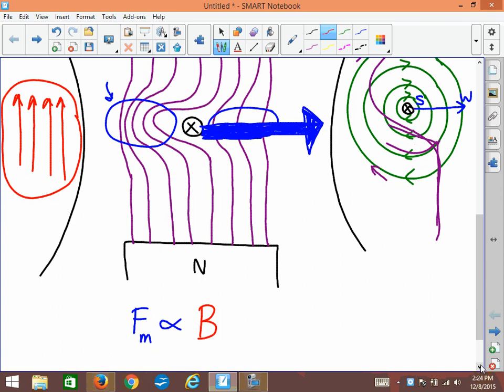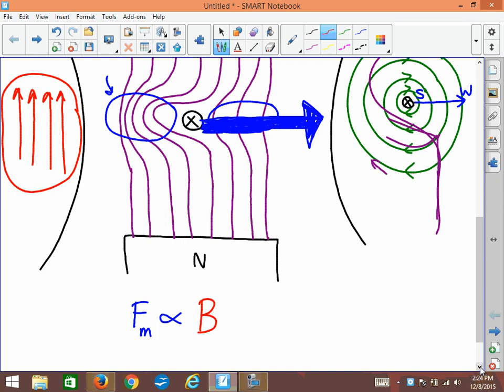The other thing it depends upon is, of course, the green magnetic field and how strong it is. However, the green magnetic field is harder to describe because it's not constant. But we can describe it instead by what affects it, and the effects are actually the amount of current in the wire.